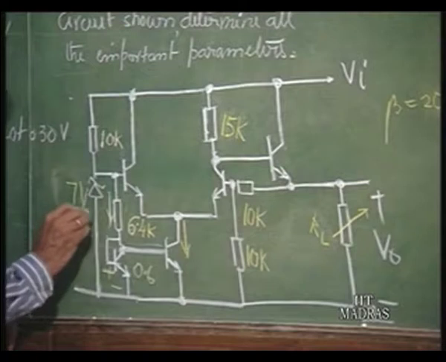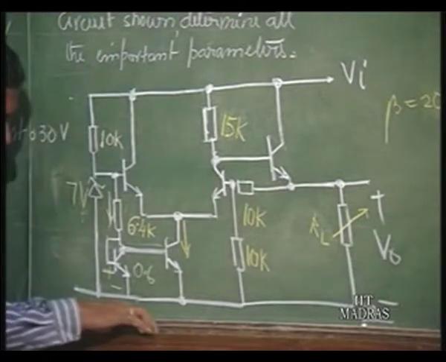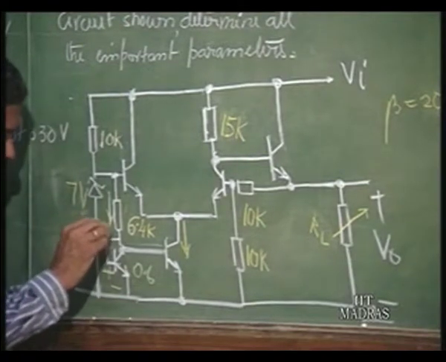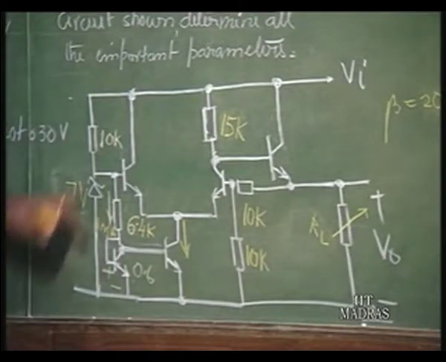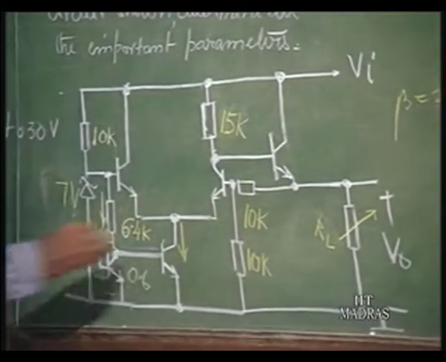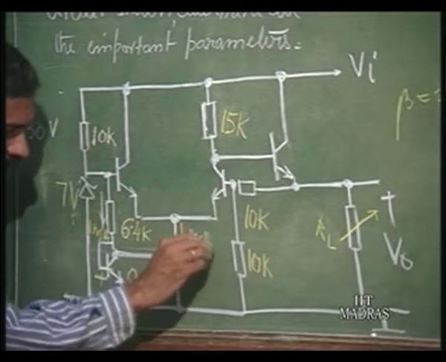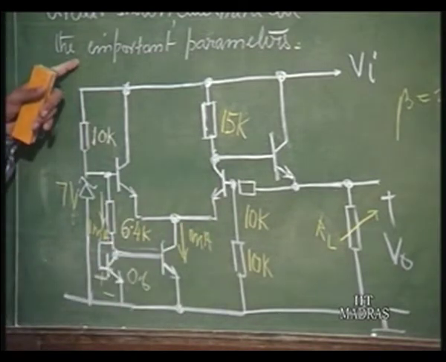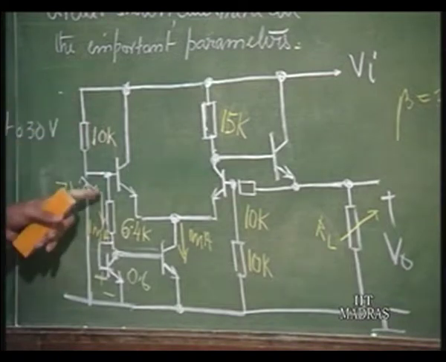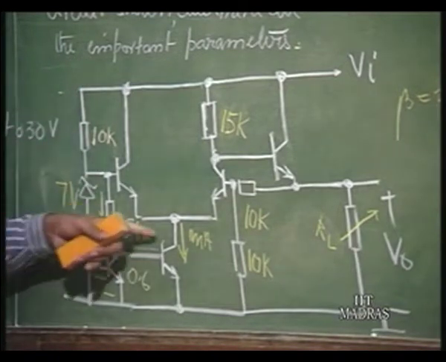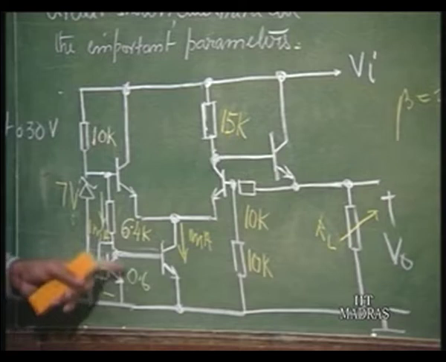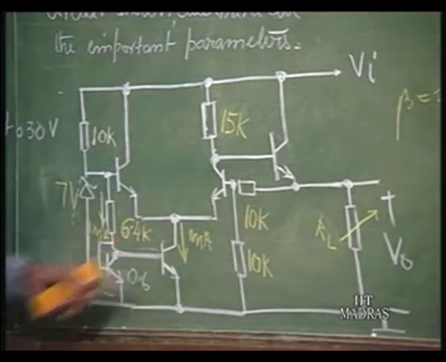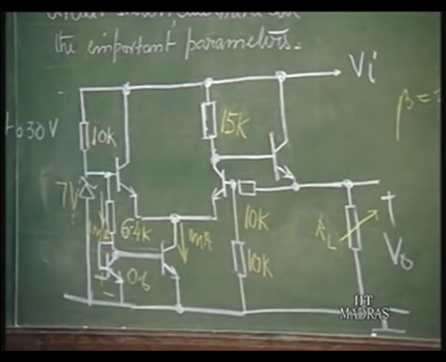This 1 milliampere is a constant current that is going to be drawn, and therefore, this is going to be 1 milliampere. That is made independent of the input voltage variation. If we had connected this here, it would have varied. We do not want that to vary. So, this bias current is made constant by connecting it here.